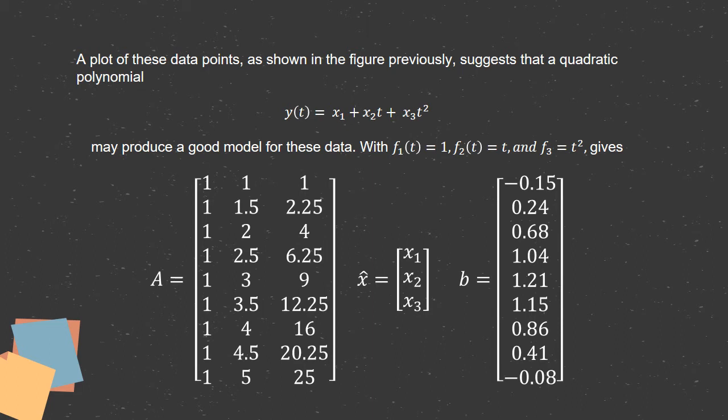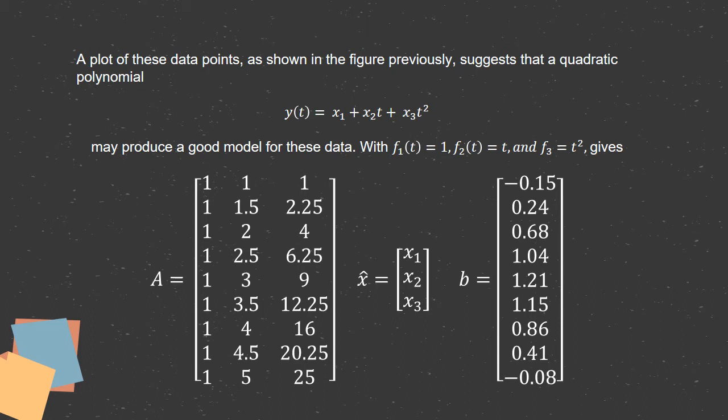This gives a matrix A = [1, 1, 1; 1, 1.5, 2.25; 1, 2, 4; 1, 2.5, 6.25; 1, 3, 9; 1, 3.5, 12.25; 1, 4, 16; 1, 4.5, 20.25; 1, 5, 25].